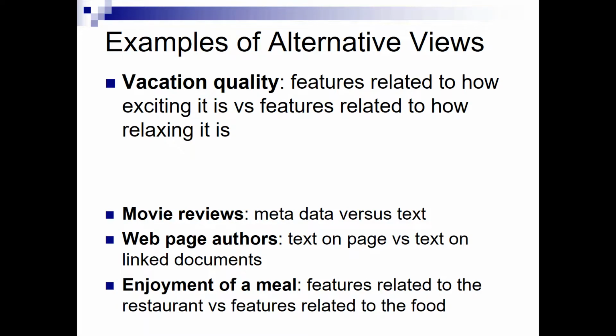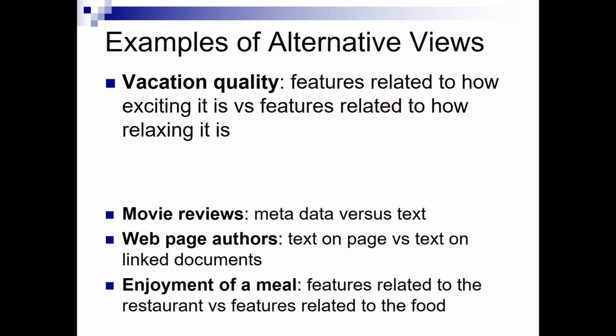Exciting might have to do with what kind of challenge sport opportunities there are, how far away from your home it is, and how foreign the culture is to where you're from. Relaxing might be: does the bedroom have a nice, comfortable bed? Is there a pool? How crowded is it, et cetera.